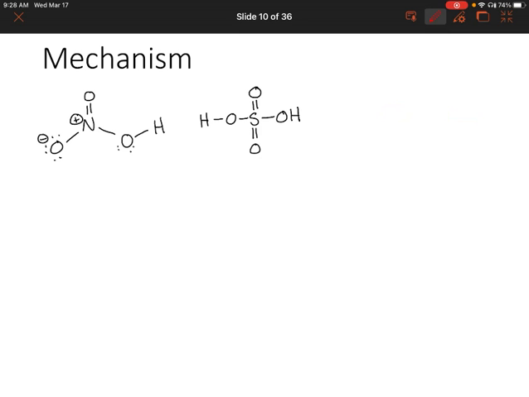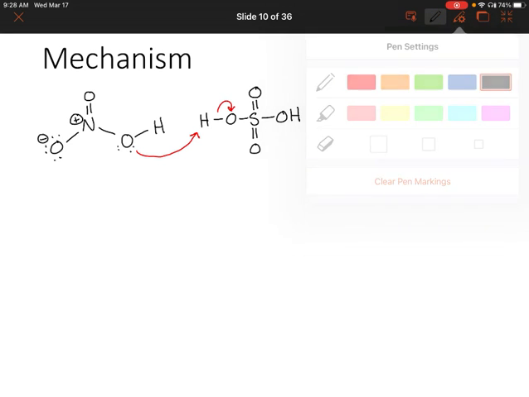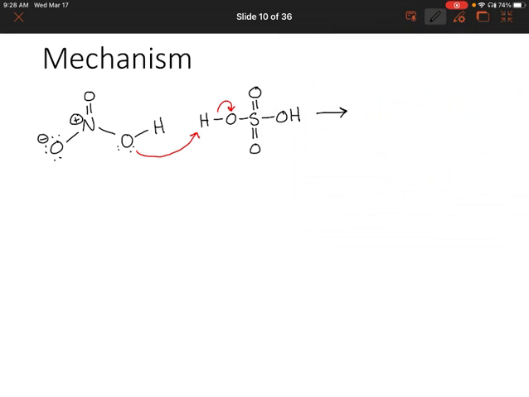The oxygen next to nitrogen is going to grab a hydrogen from sulfuric acid, and this is going to create a good leaving group, which is water.